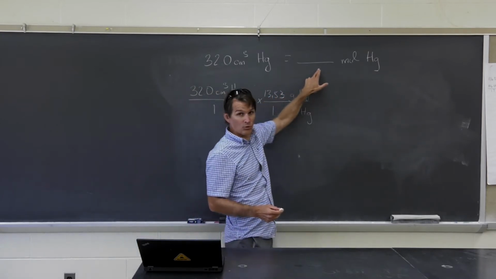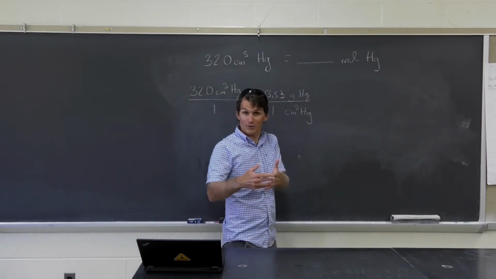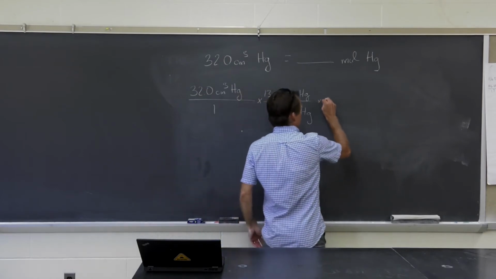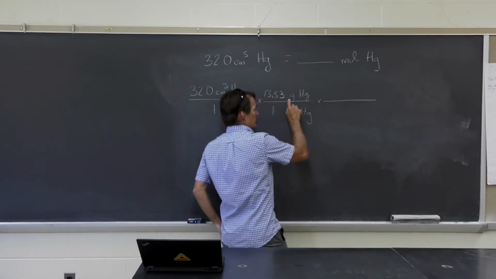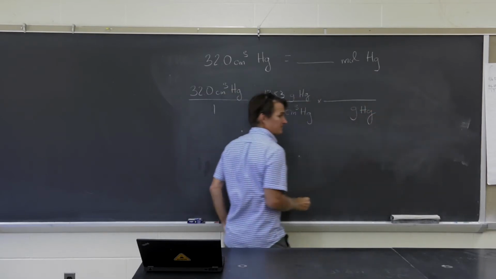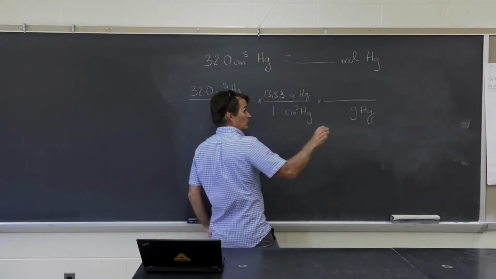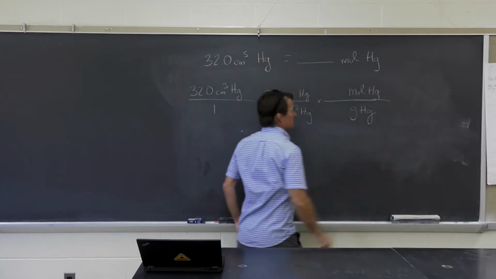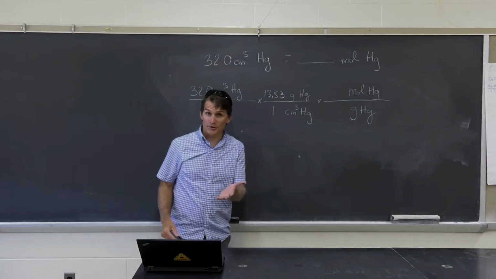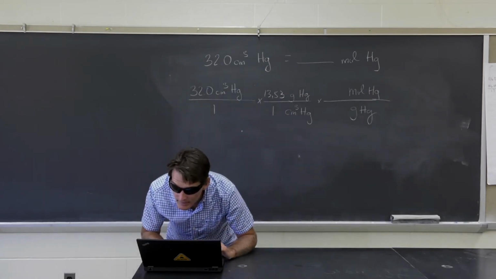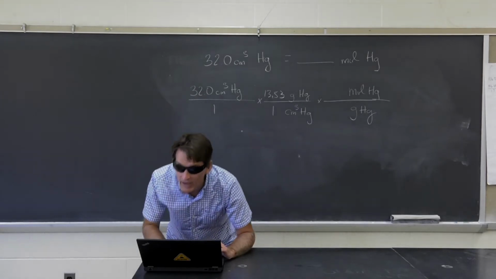Now to convert to moles, we're going to look at the atomic weight on the periodic table for mercury. I'm just going to set up the units here. I want to get rid of this gram of mercury, so I'm going to put that in the denominator. And I want to convert that to moles of mercury, so that's going to go in the numerator. I'm going to look up mercury on the periodic table. That's element number 80, 200.502.